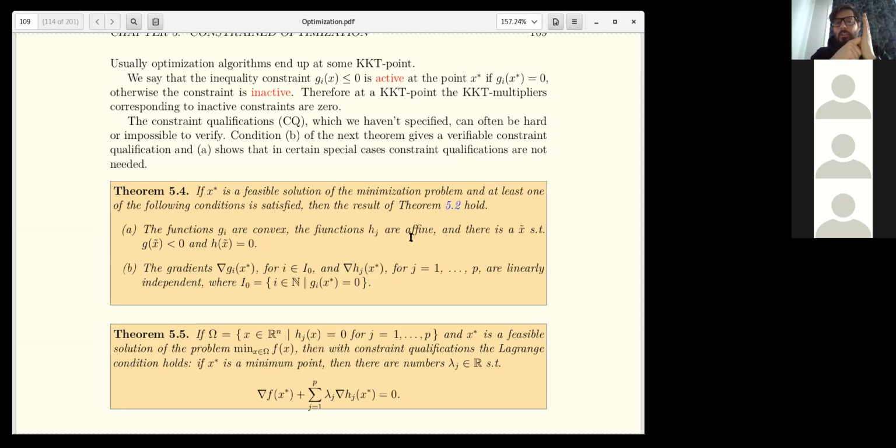The other possibility is that if the solution point, the optimum point, is a point where all the gradients of the active inequality constraints and the gradients of the equality constraints are linearly independent.